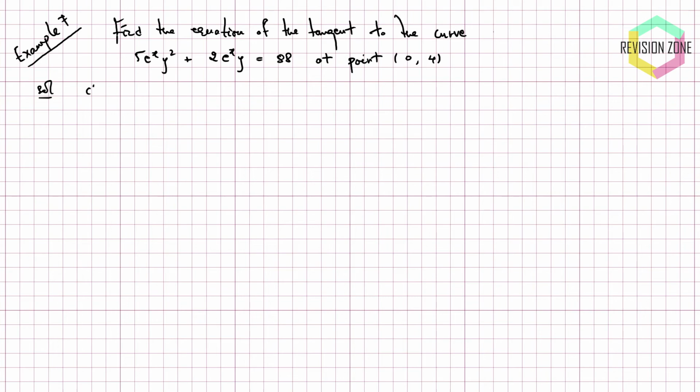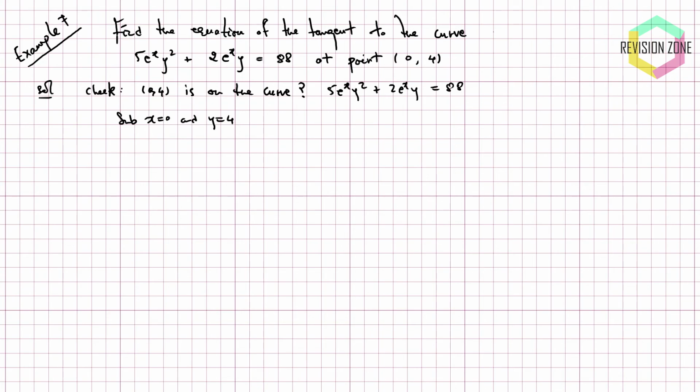Before we actually start differentiating, let's just check that (0, 4) is on the curve. So to check, we go to the equation of the curve. So I'm going to just rewrite that down. And then I'm going to substitute x equals 0 and y equals 4.